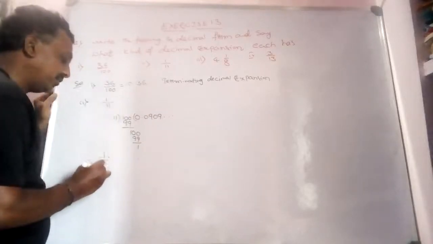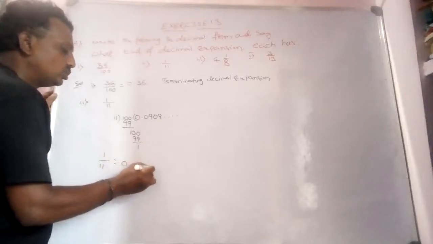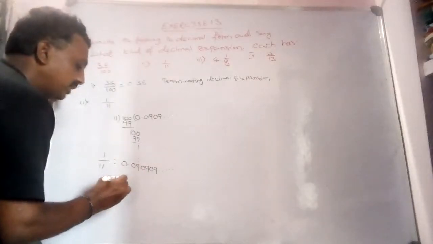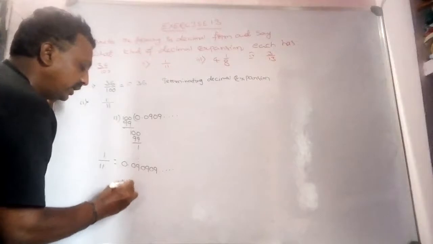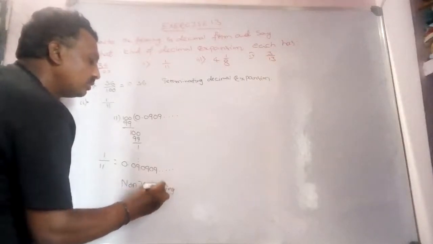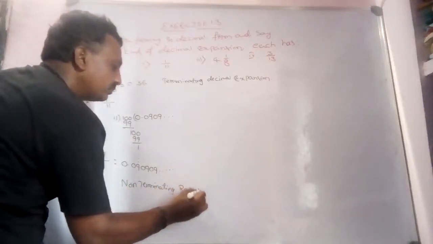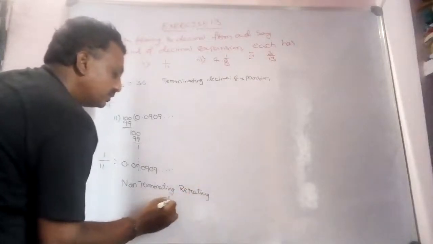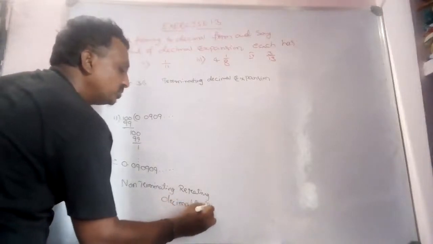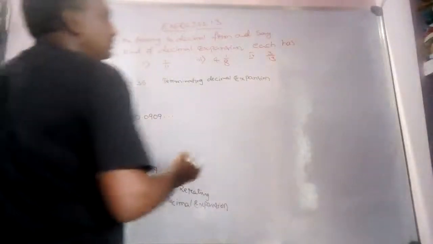So 1 by 11 equals 0.090909 and so on. It is a non-terminating repeating decimal expansion.